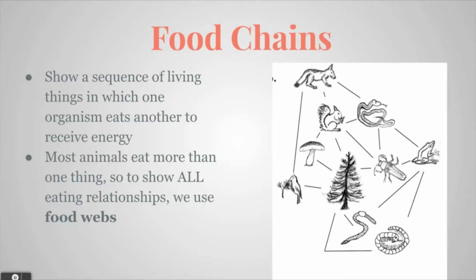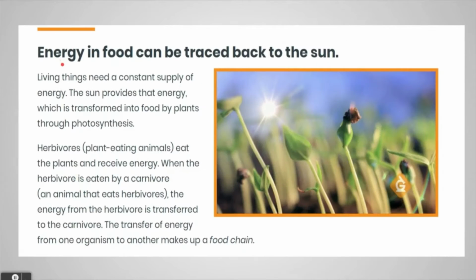Let's read about food chains so that we can learn more about how they give us information on how energy is distributed to different organisms in an ecosystem. Energy in food can be traced back to the sun. Living things need a constant supply of energy.